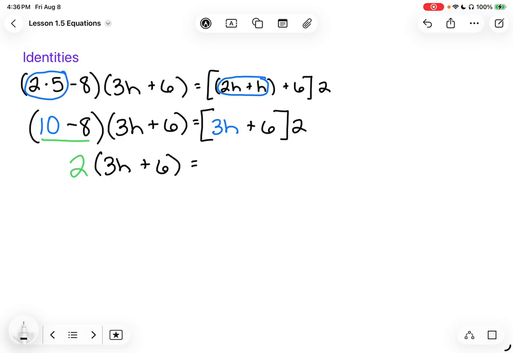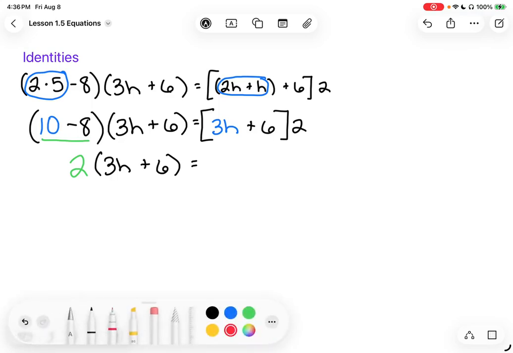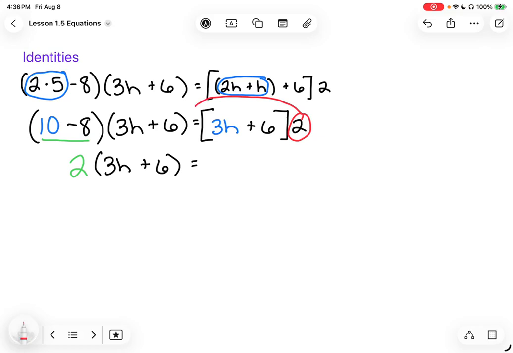And then just so it looks the same, I'm going to move this 2 in front here. And I'm allowed to do that. If it's multiplication, I'm allowed to change the order. So let's put the 2 in front of these grouping symbols here, and that'll give us 3h plus 6.